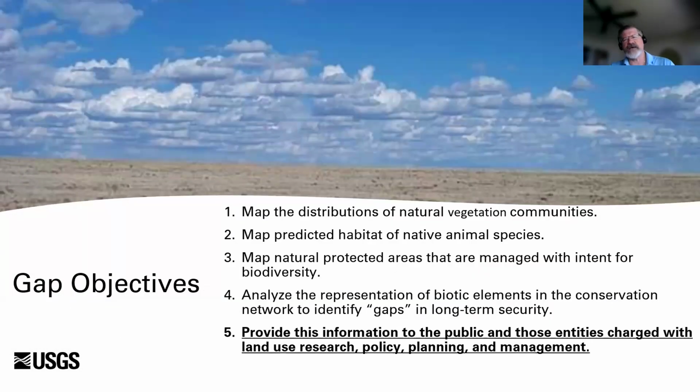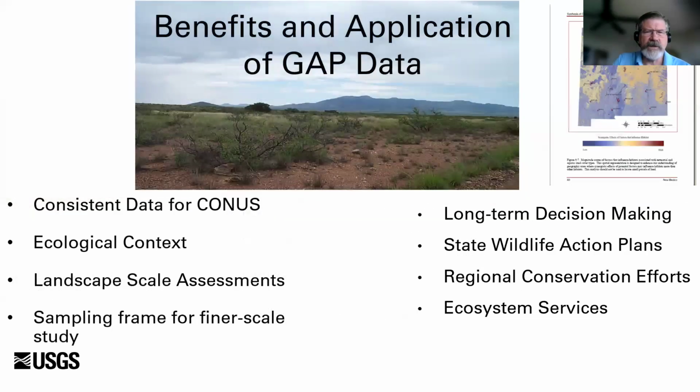And then, like I said, the 5th effort really is to provide that information to the public and agencies so that they can use them in their efforts, either research, policy, planning, and or management. And there's a lot of benefits of this gap data. If you think about, if you're doing regional efforts, having that consistent data for CONUS, for the conterminous US, is helpful.